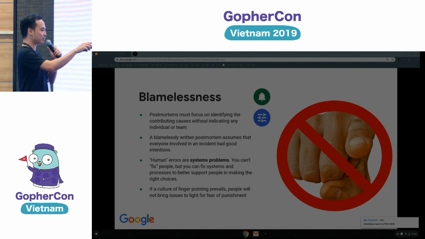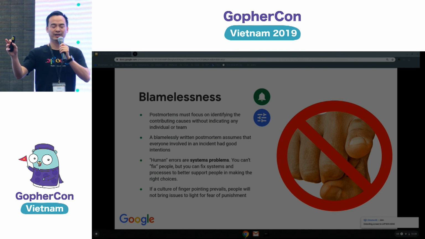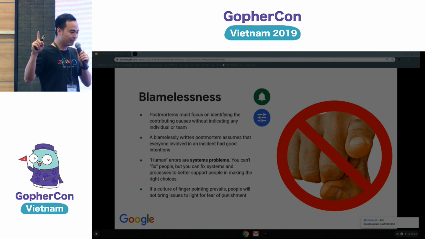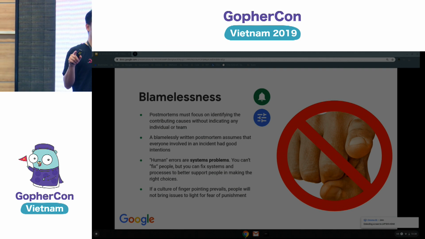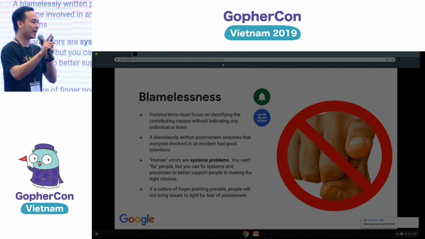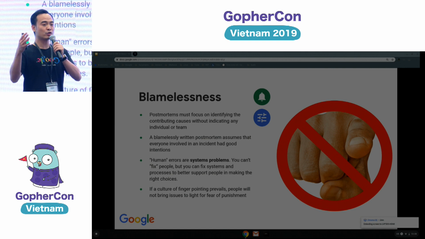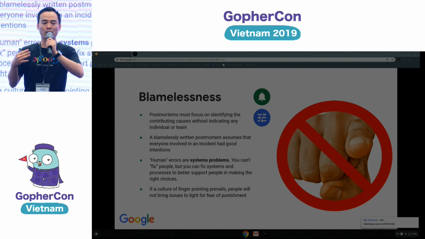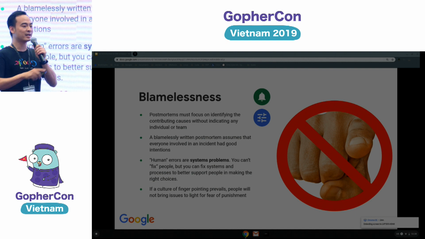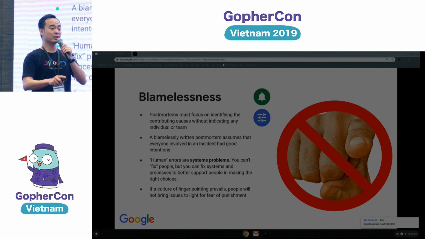It's not to blame someone to probably reduce the salary or fire him or her. It's not important. And if a human is involved in the problem, which means that your system has flaws, it's actually a system problem, not a human problem. Because your system is not well automated enough, a human can break it. So rather than blaming someone, you need to fix the system problem.